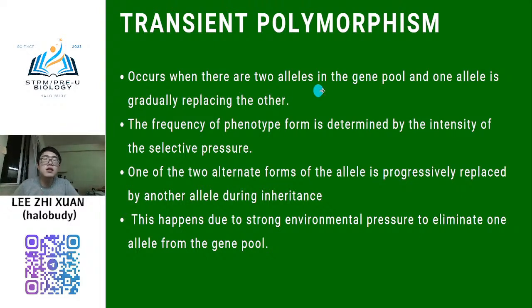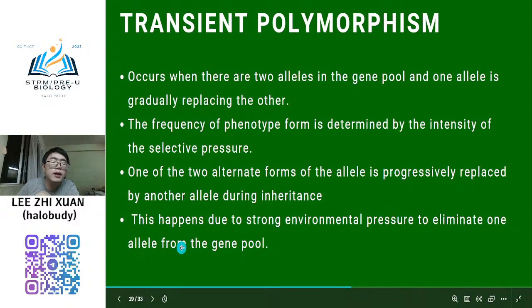So the frequency of the phenotype form is determined by the intensity of the selective pressure, and one of the two alternate forms of the allele is progressively replaced by another allele during inheritance. This will happen due to strong environmental pressure to eliminate one allele from the gene pool. Okay, so normally this is due to environmental pressure.